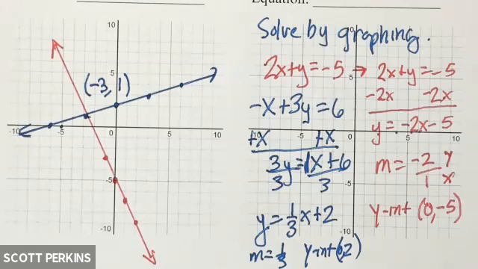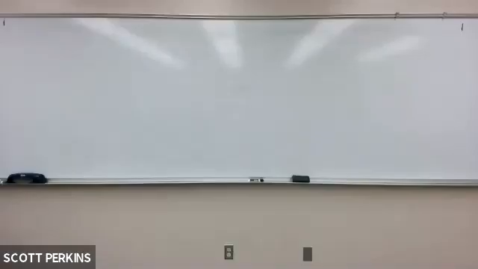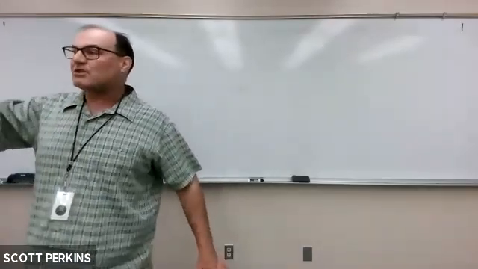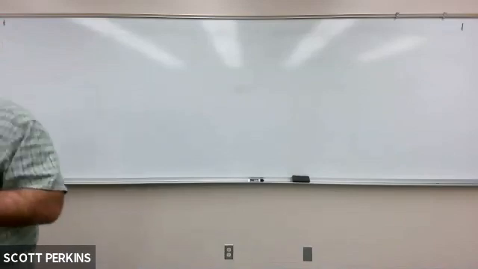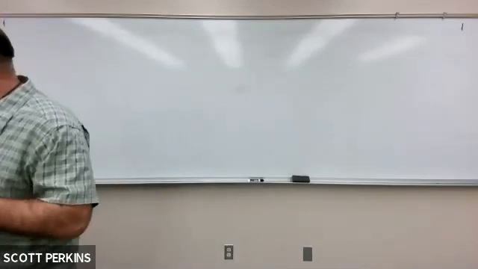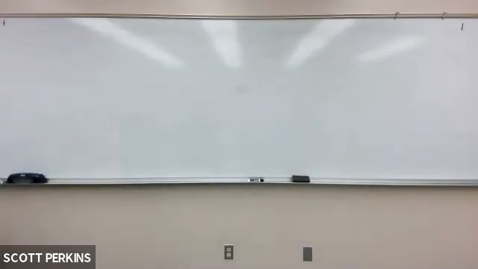Now, graphing is lovely, but that is not going to be the best way for us to go ahead and solve these, because what happens if the answer is a fraction? What happens if they're hard to graph because of the numbers? What we're going to do now is there are two methods to solve systems algebraically. If you've ever seen system of equations before, you've probably seen some bit of this.